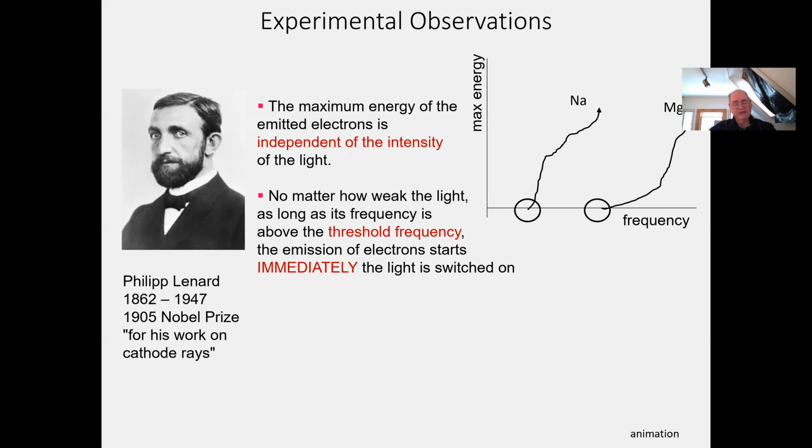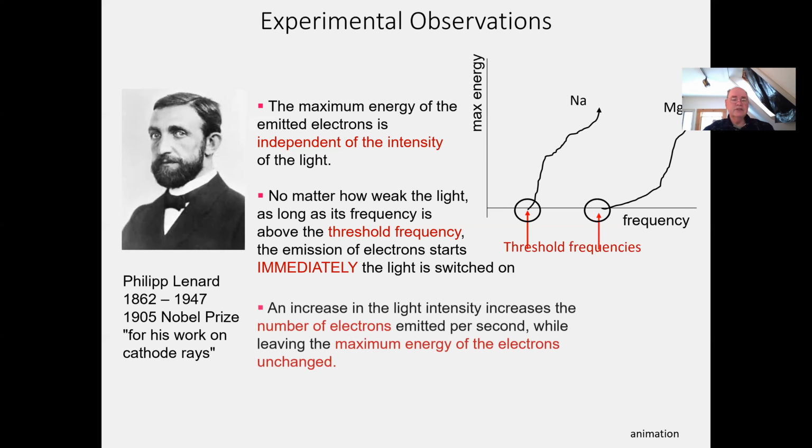You got electrons obviously bouncing out of this metal with a maximum energy quite high, higher than if you'd used blue light. And certainly if you used orange light, you wouldn't get anything at all. It was independent of the brightness of the light, only dependent upon the color of the light. And here are the threshold frequencies.